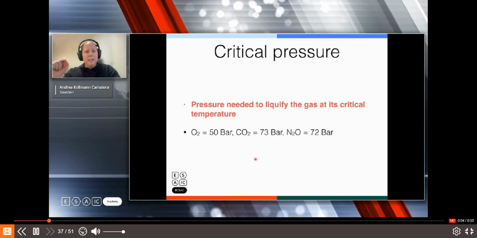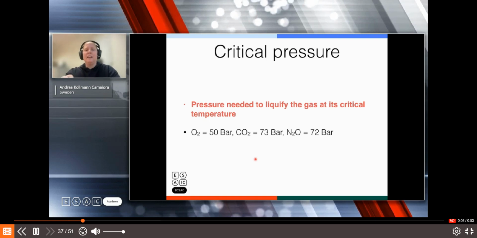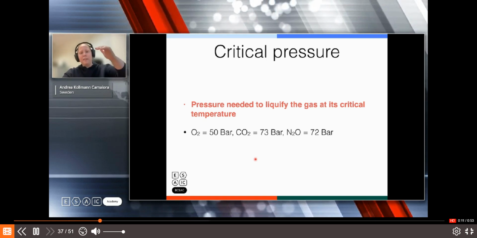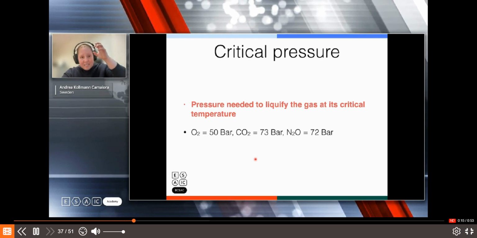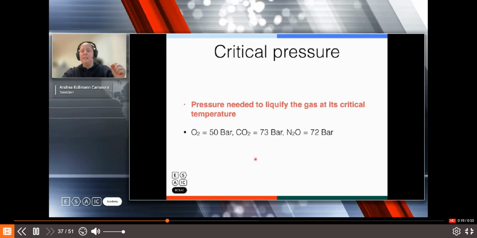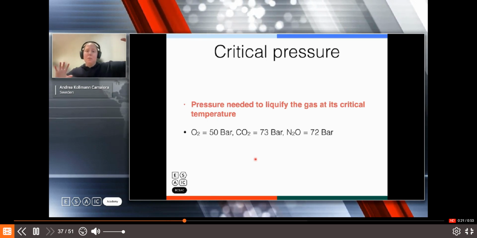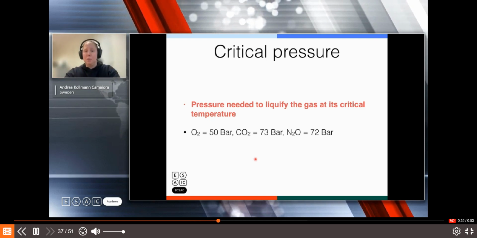Is the pressure needed to liquefy the gas if it is at the critical temperature? So I don't have it above or below, I have that gas just at the critical temperature. The critical pressure is how much pressure I need to apply to that substance to turn it into a liquid.